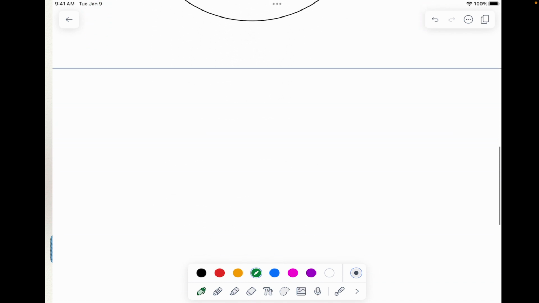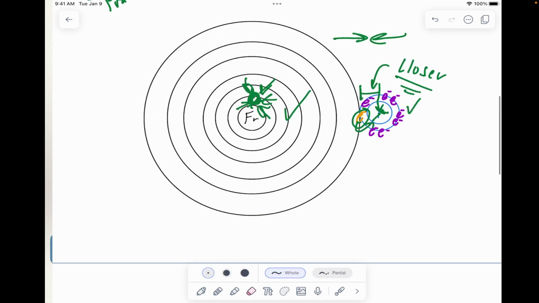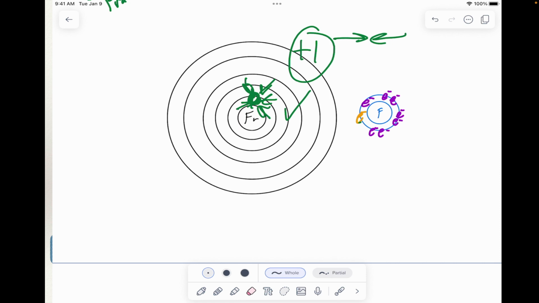Because fluorine's nucleus is closer, it's going to pull this electron and take it away. As a result, francium will end up losing an electron, so it'll lose its energy level and become a positive charge. Let me erase a little bit of this stuff so it's easier to see. The fluorine is going to gain that electron, and it's going to become a -1 charge.